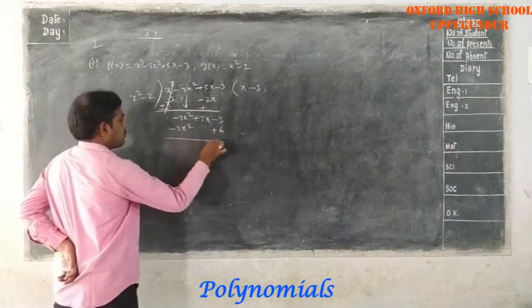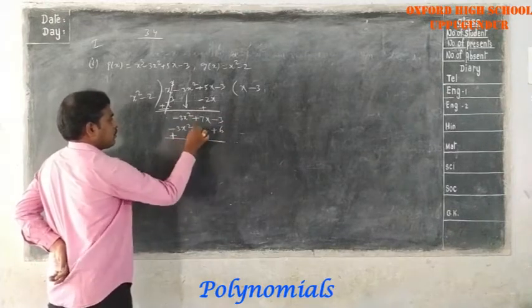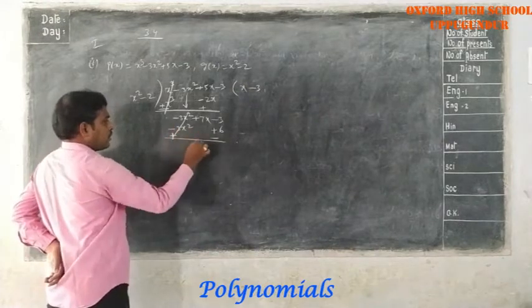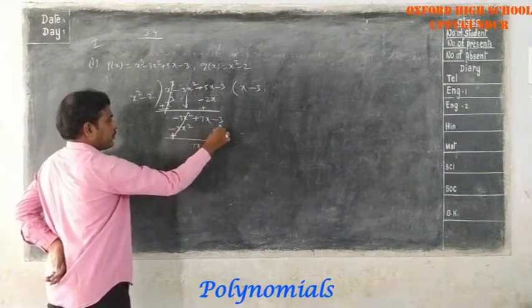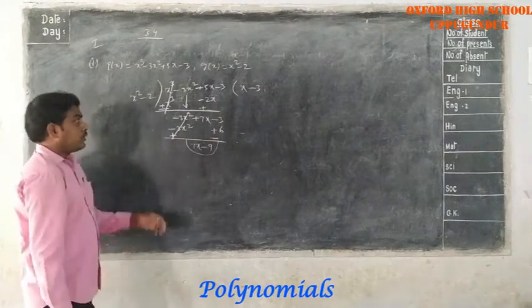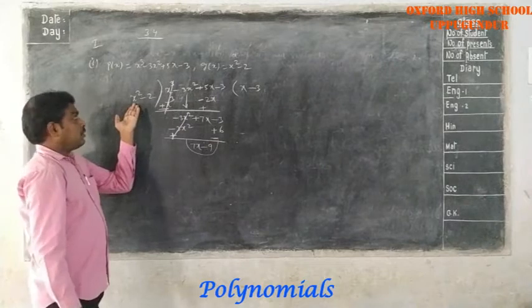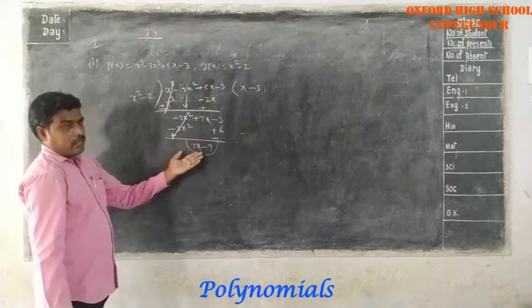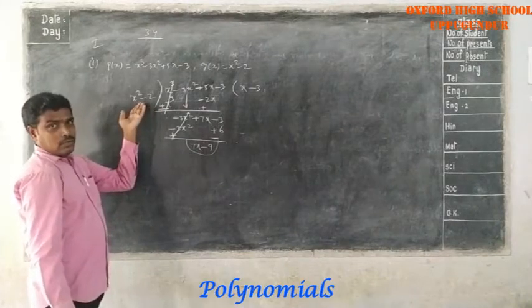Now subtracting this, minus becomes plus, so plus becomes minus. Now you will get 7x minus 6 minus 3, minus 9. This is the remainder. Why? Because here degree of divisor is 2, degree of remainder is 1. So degree of remainder is less than degree of divisor.